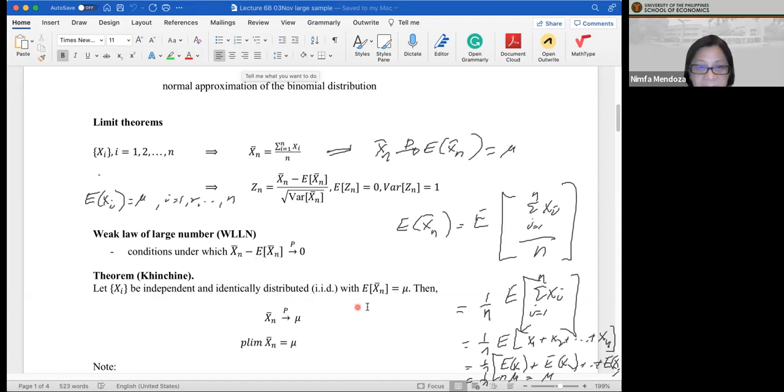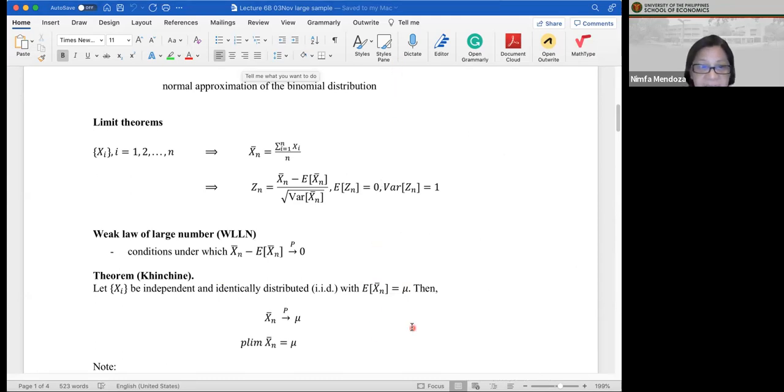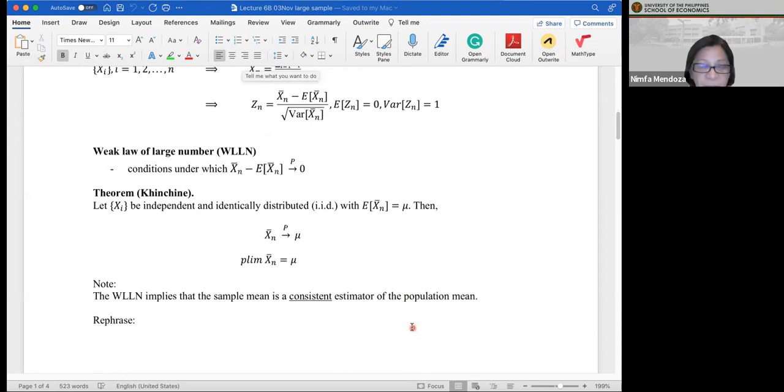Okay, so let us have this version: Khinchin's version of the weak law of large numbers. Let X sub i be independent and identically distributed with the expected value of X bar sub n equal to mu.